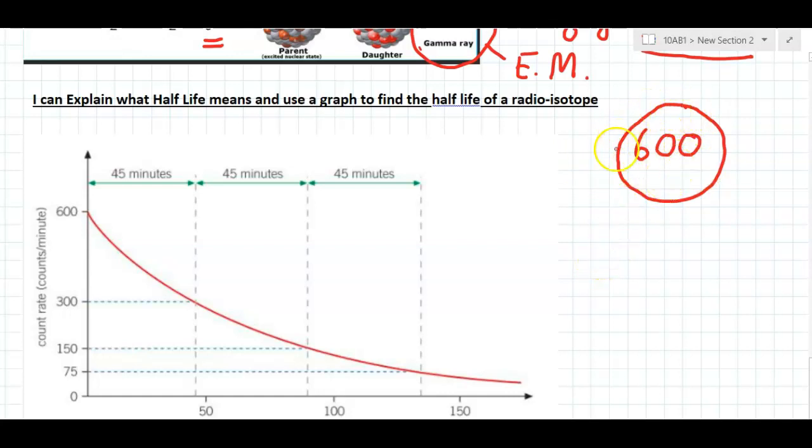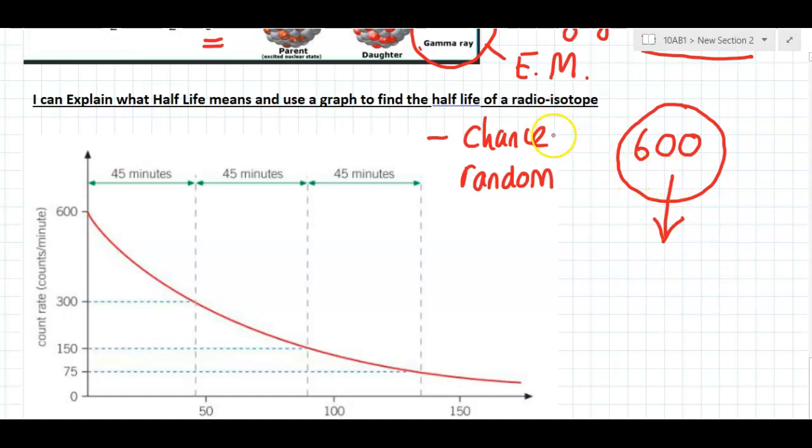Every single atom in this sample has a chance of breaking down. We cannot predict which atoms will break down because radioactive decay is random, but the chance of each one breaking down is the same. And that means that it would be like rolling 600 dice and looking at which ones land on a 6.